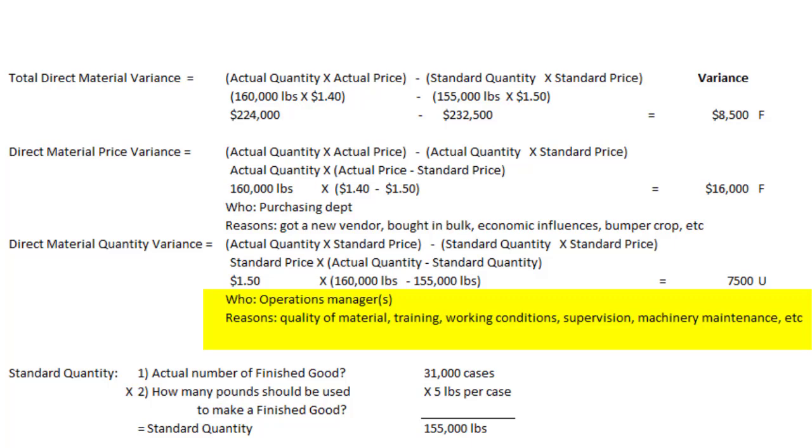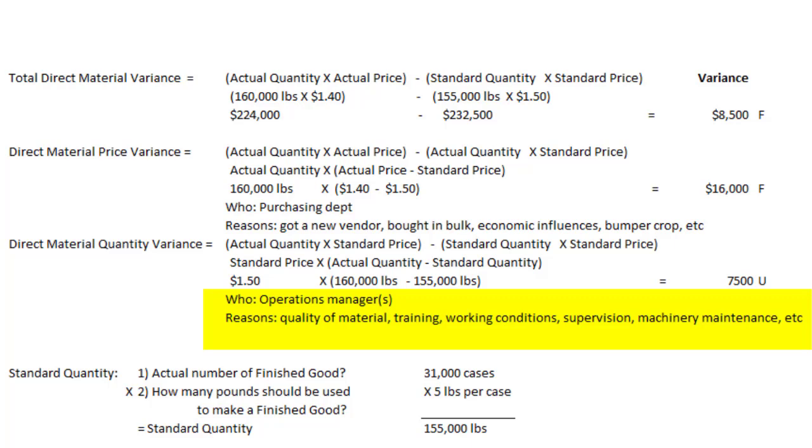Or if the bags are all torn, the potatoes come in and they're falling all over the place. Training of the employees can have a big impact as to how efficient the employees are. The working conditions. Are the employees comfortable and able to concentrate? What about supervision? Proper supervision makes sure that the employees are concentrating on the job and not doing something that they shouldn't be doing, or taking too many or too long of breaks.